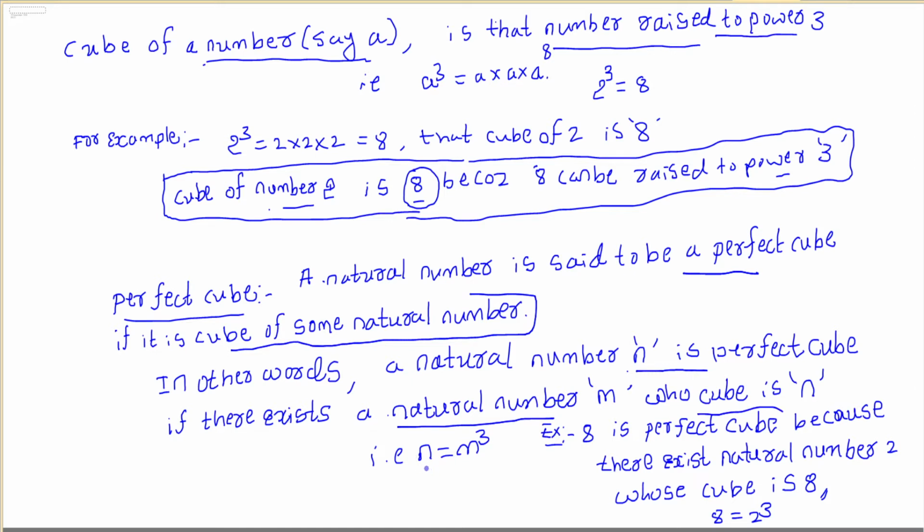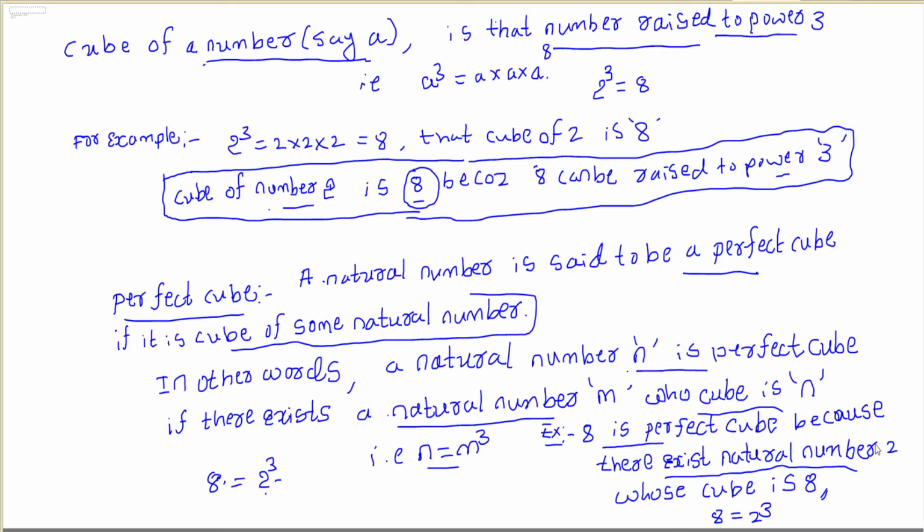This is an example: 8 is a perfect cube because there exists a natural number 2 whose cube is equal to 8.